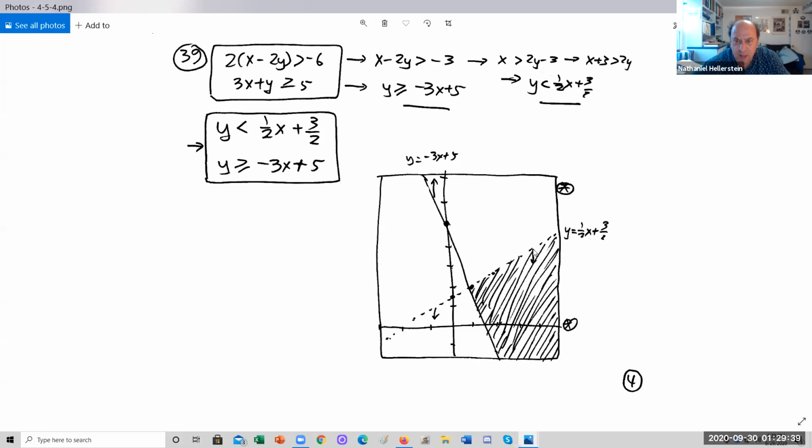I want less than, so it's going to be below this line and not including the line. So above this line and including it, below this line and excluding it. So the result is this quarter of the plane, with this solid part included and this dotted part not included. And again, please, in your homework, do not color in this part or this part.